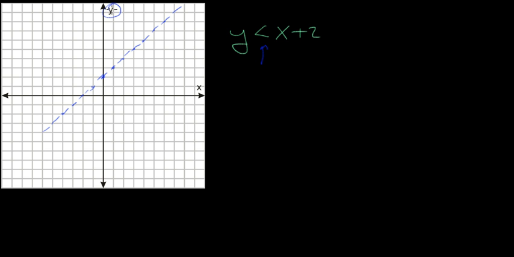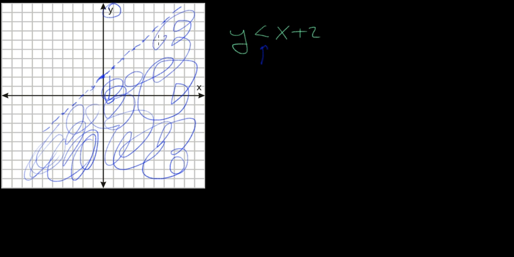That means we're looking for the y values below this line. We're looking for everything below this line. This is me shading the graph. I'm going to shade all the areas below that line.